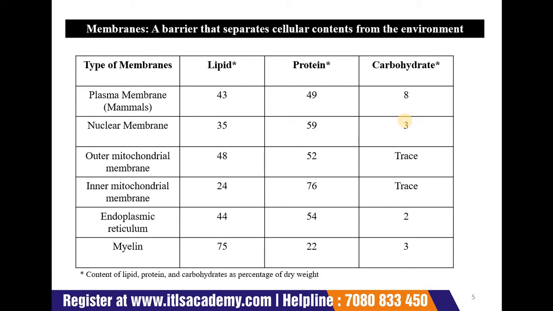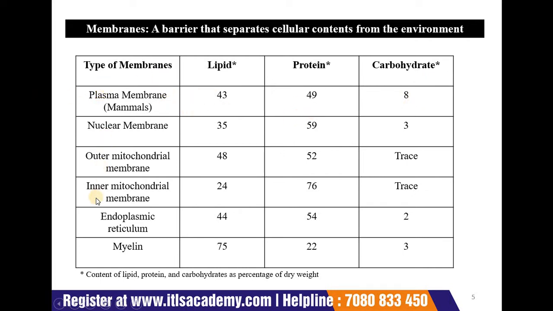This table shows the composition of different membrane contents, lipids, protein, and carbohydrate. As I mentioned, lipid and protein are the major components, and as you can see, their percentage is very high as compared to the carbohydrate. They're almost covering 100% of the membrane.